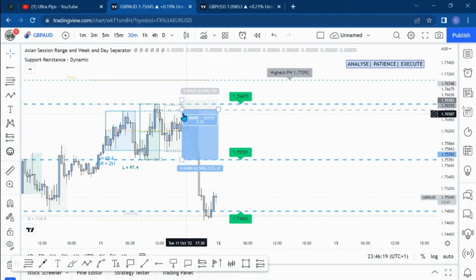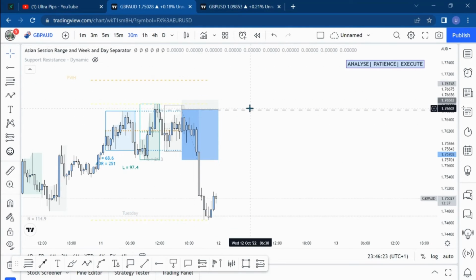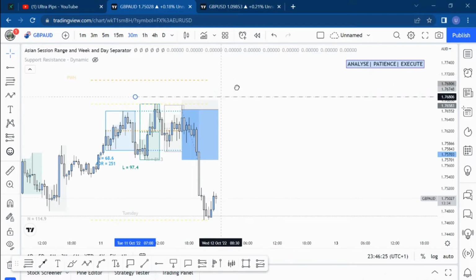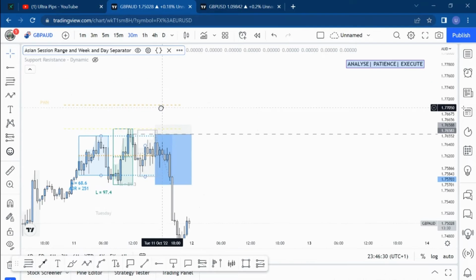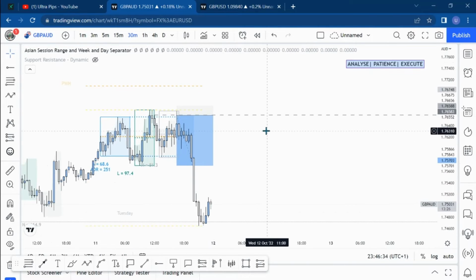So price finally got to where I marked out. I marked out this zone using this line right here, from this week. That was where I marked out my line because there is a 1 hour order block there.